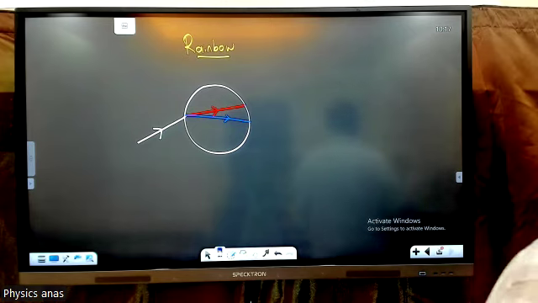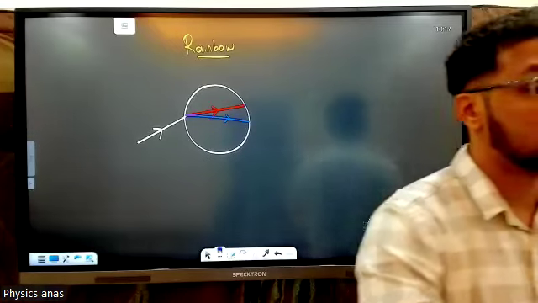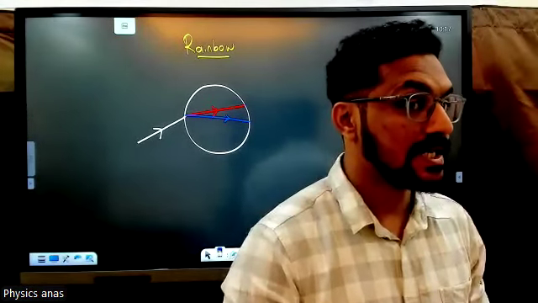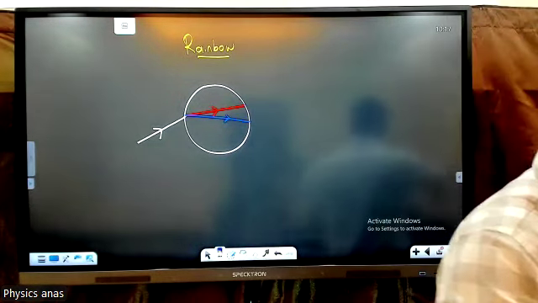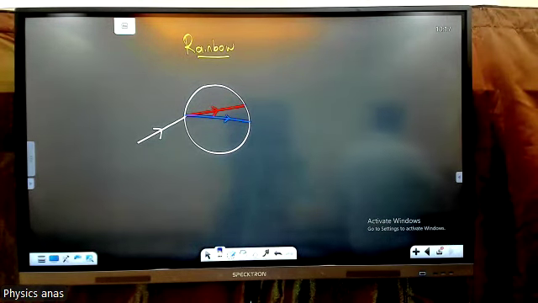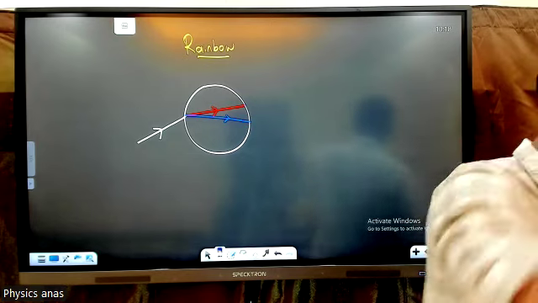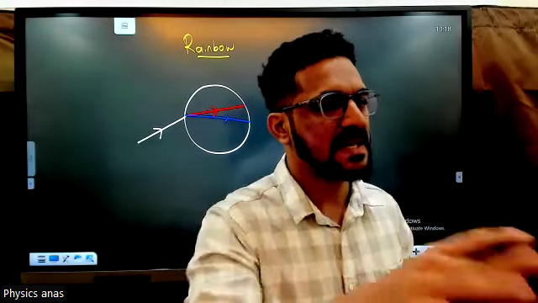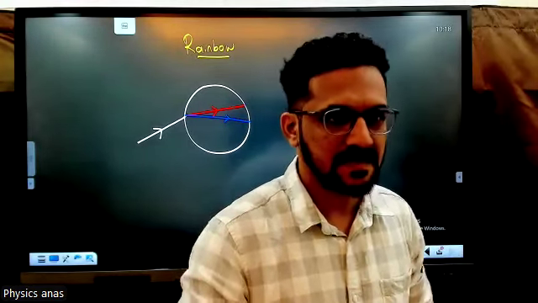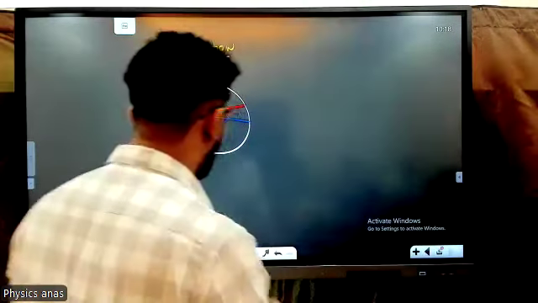That is called total internal reflection. We may have discussed that a little bit in the previous chapter. It will be reflected back to the same medium.